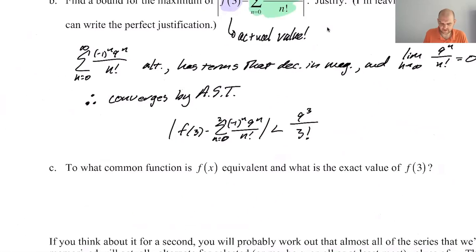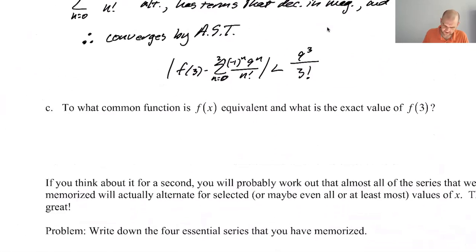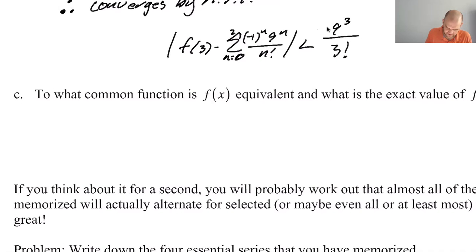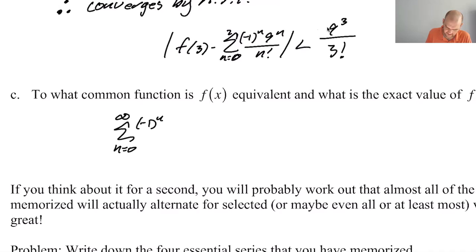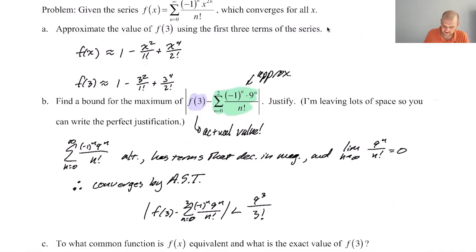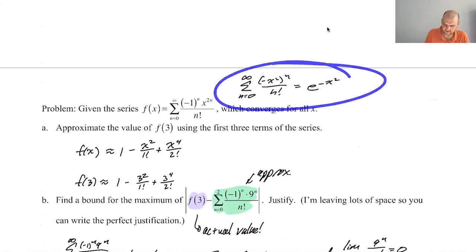To what, we cheated already. Okay, so to what common function? We said the sum from n equals 0 to infinity of negative 1 to the n, x to the 2n over n factorial is e to the negative x squared, as per our discussion above, when we ripped it apart and then wrote it down.